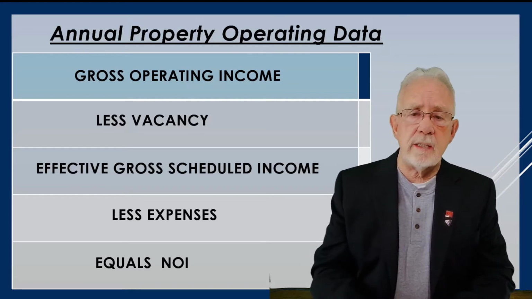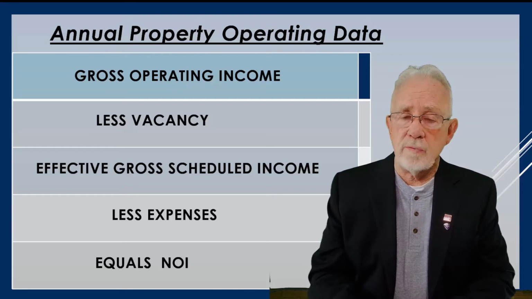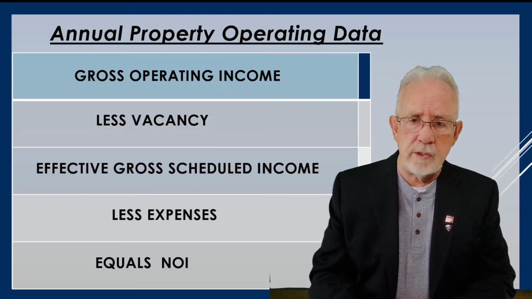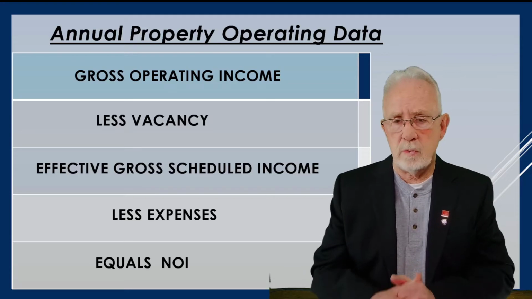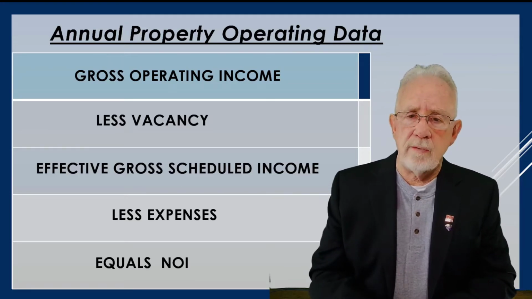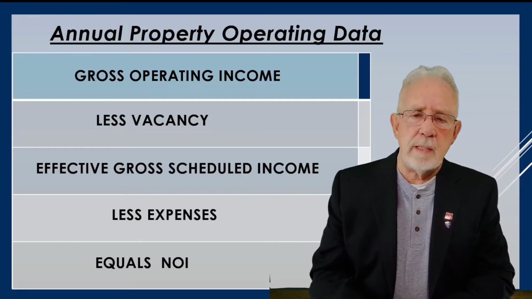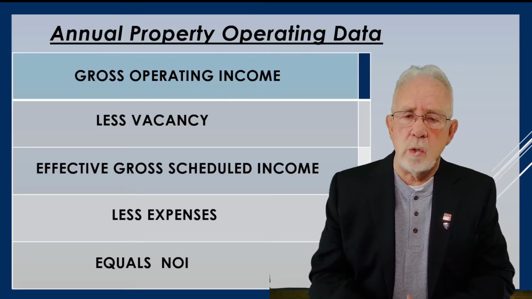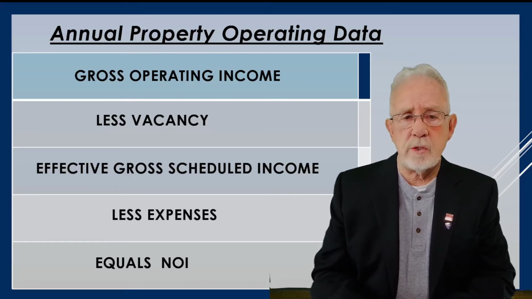And then you take out the expenses, and expenses have to be true. So if you don't have management in there and you don't have anything for maintenance hardly because, oh well, this property is in really good shape, and maybe your insurance is underinsured, and maybe you need more for the management fee, like 5 or 6 or 10% management.